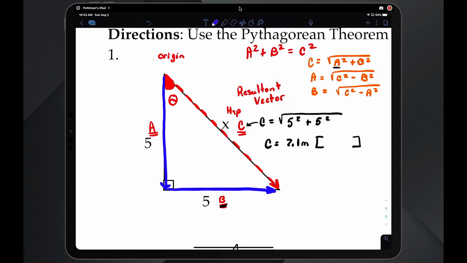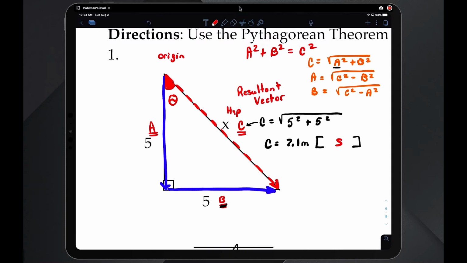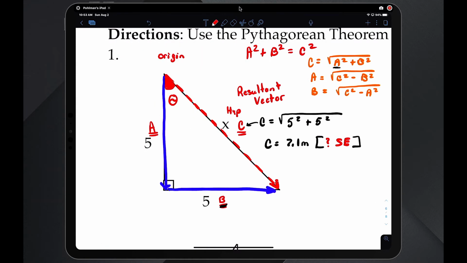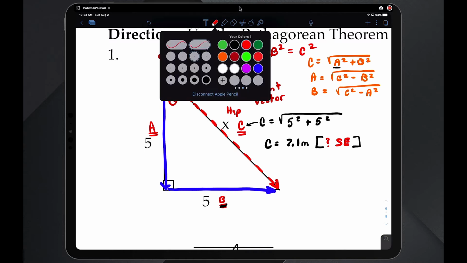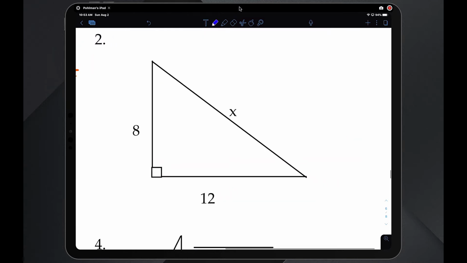So we would describe the red resultant vector as having a southeast direction. We don't know the exact angle, but we know it's pointing to the southeast for right now. So the blue vectors, why did I put those in there? Because some part of that red has to be to the south and some part has to be to the east.